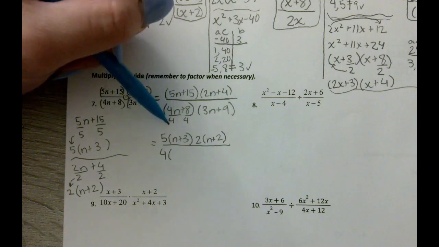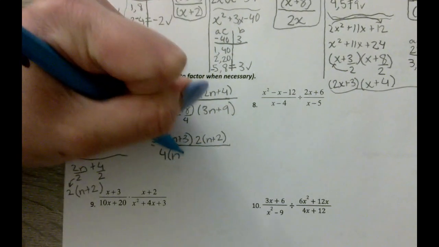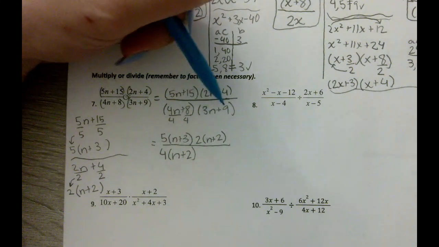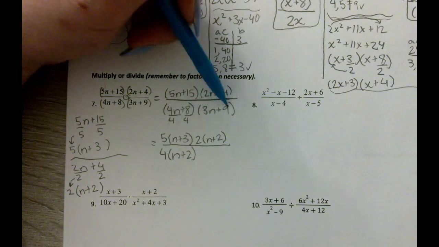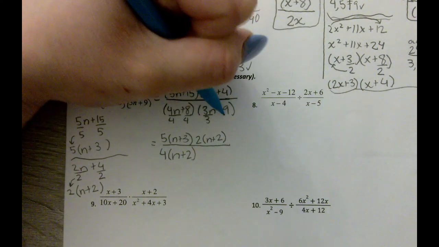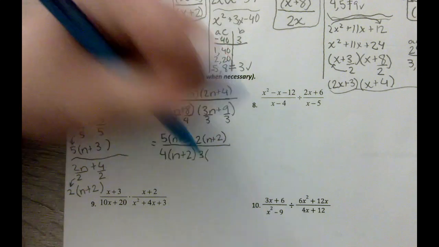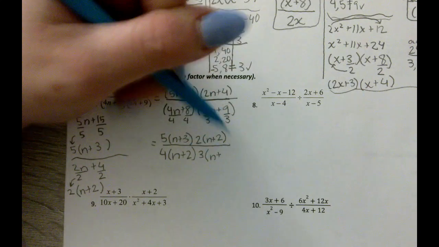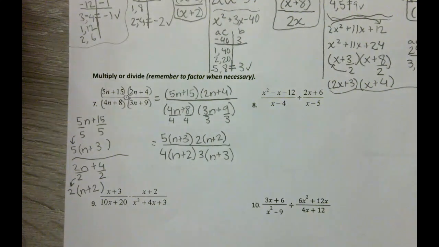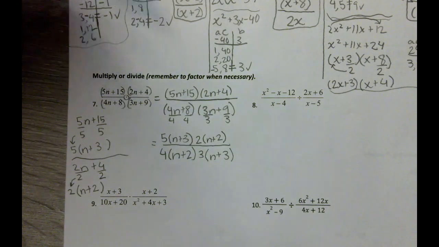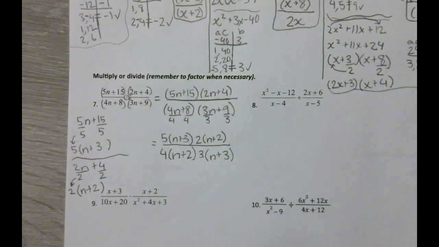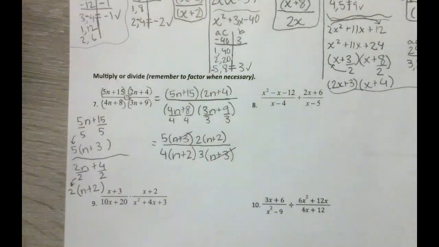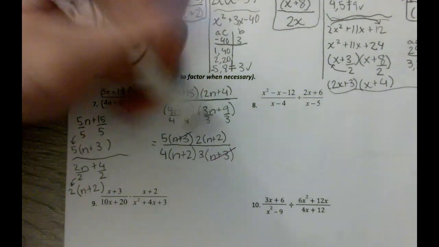And then 4 divided by 4, it's going to cancel, so we're left with just n plus 8 divided by 4 is 2. 3n plus 9, another GCF problem. 3 and 9, they can both be divided by 3. 3 comes out. The 3's cancel here, so we have n plus 9 divided by 3 is 3. All right, let's start canceling with the parentheses. n plus 3 on top, n plus 3 on bottom, those will cancel. n plus 2 on top, n plus 2 on bottom, those will cancel.